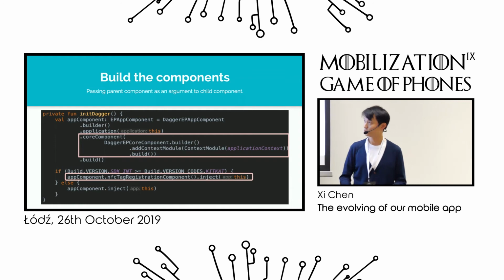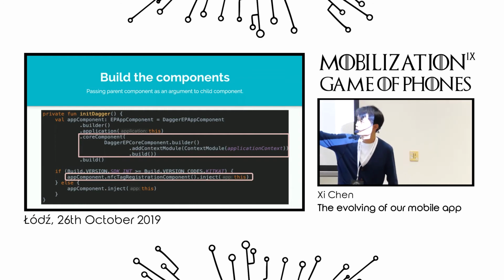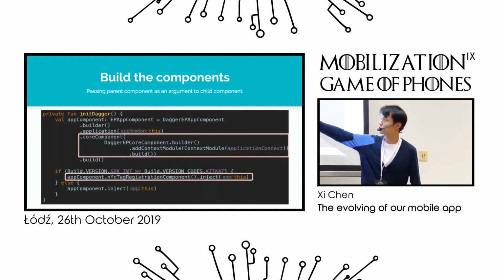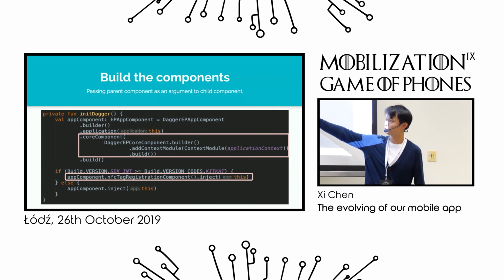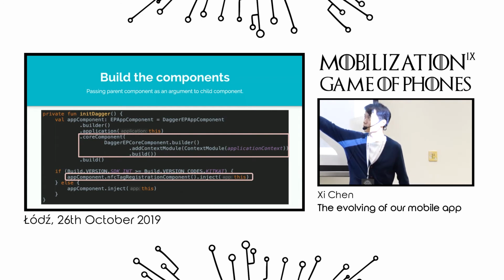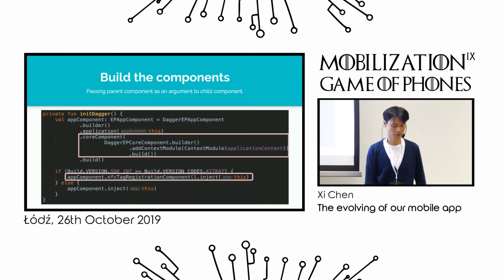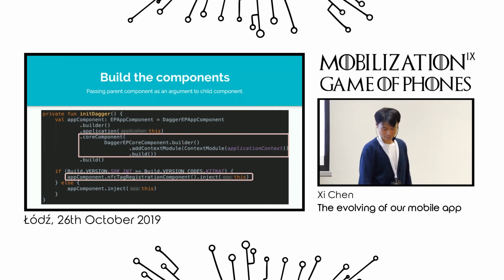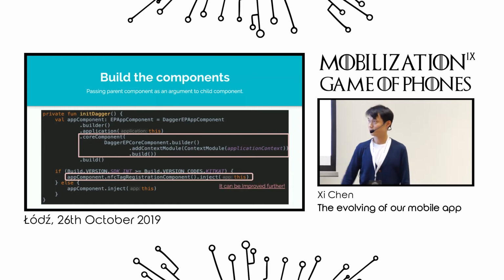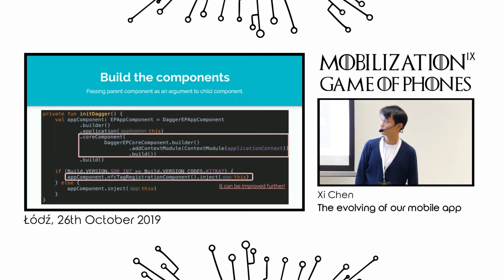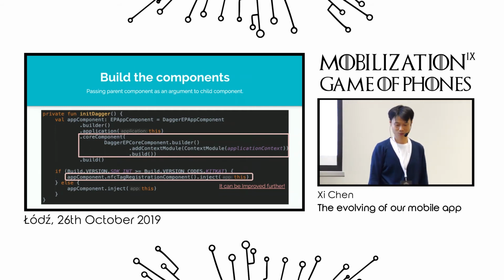But as you can see, we use some if-else conditions because this is only for Android 4.4 and above. So we check that API level and instantiate it at that point. But that's not good because that doesn't look very pretty. So we have to improve that as well.